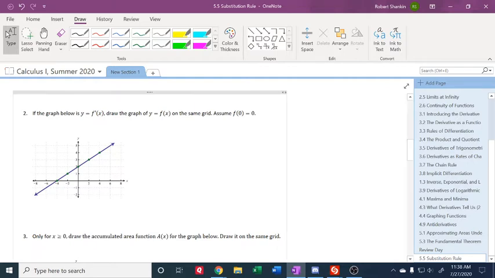Now I had to give you a starting point. Remember, this is called an initial condition, because when you go from the derivative to the original, there's an infinite number of functions that are the antiderivative, because of that plus c. So an initial condition, I said f of 0 is 0. So make that a point on this graph and then draw the original.